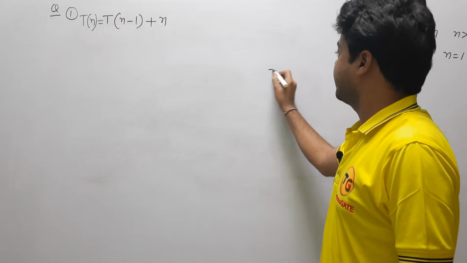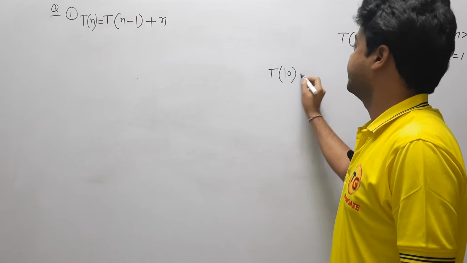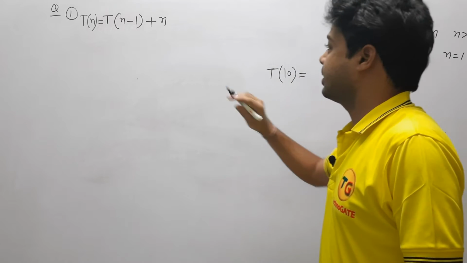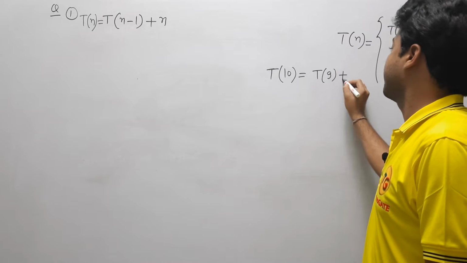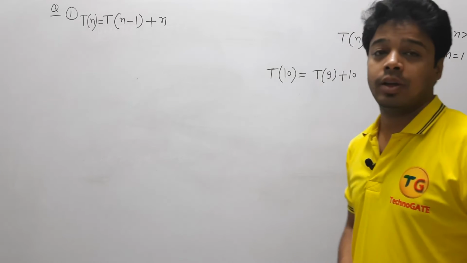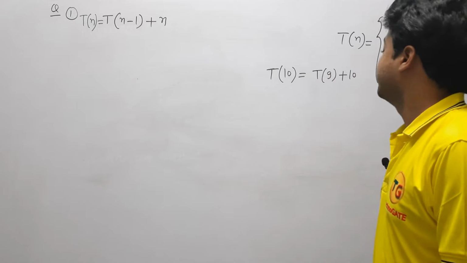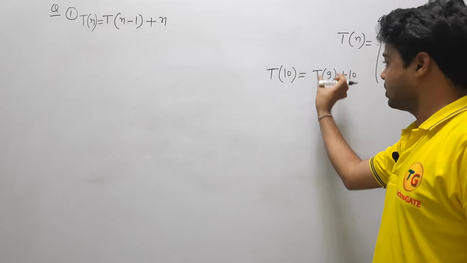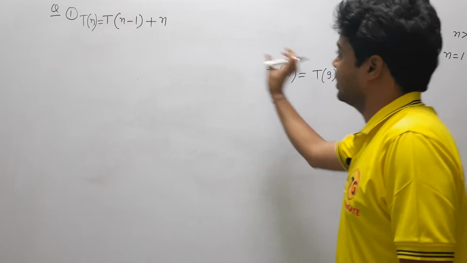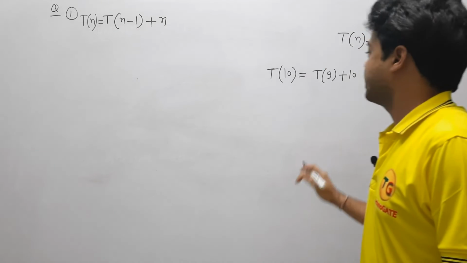Suppose we want t of 10. What is the value of t of 10? According to this, it is t of 9 plus 10. Then again the same function: at the place of t of 9, substitute again t of n minus 1 plus n.